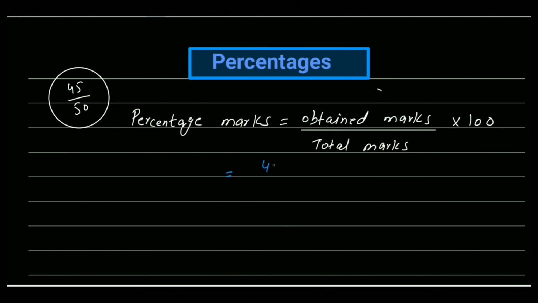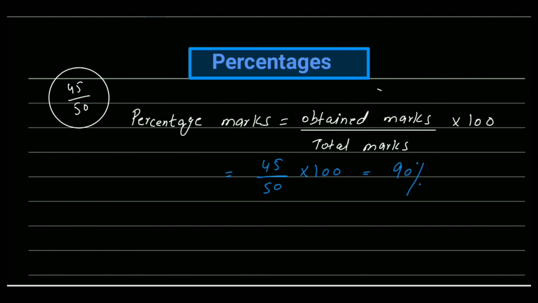So 45 over 50 multiplied by 100. That will be 90%.